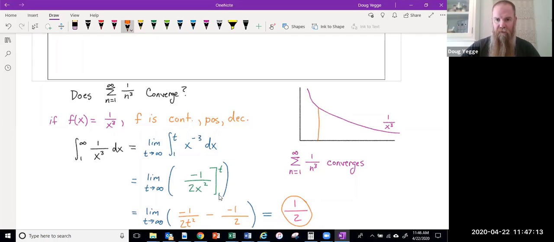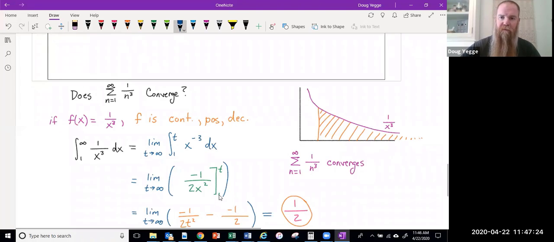So we just proved that all of this area underneath the curve, the entire area is going to converge to 1/2. The integral is not the same as the series.